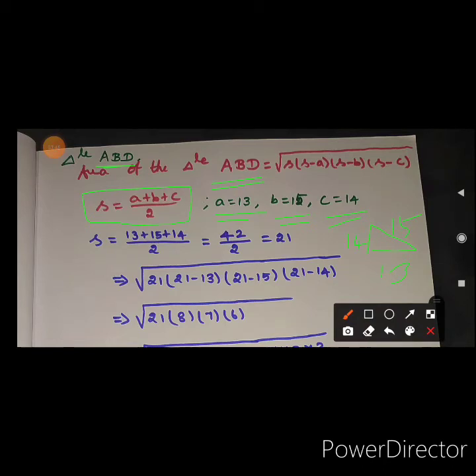So s is equal to 13 plus 15 plus 14 by 2. We are adding, this is 42 by 2. So s is 21 centimeter.